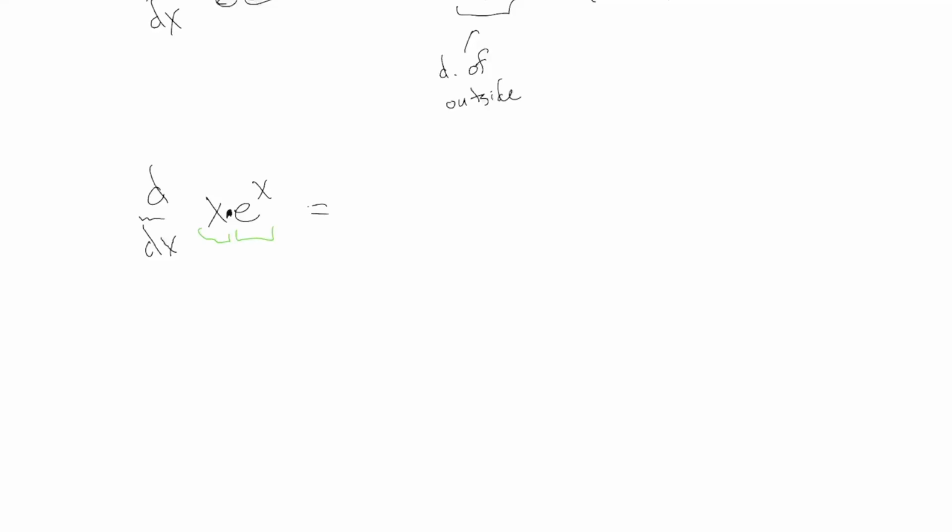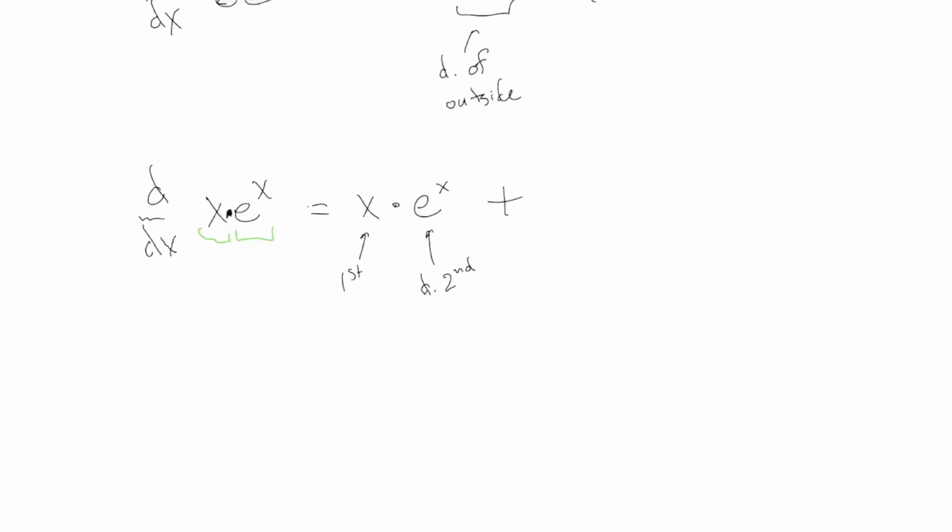So it's going to be the first thing like it is, x times the derivative of the second part. The second part is e to the x. What is the derivative of e to the x? Say it proud. It is e to the x. It's the same thing. Okay, that's the first part of the product rule, right? That's the first thing times derivative of the second thing.